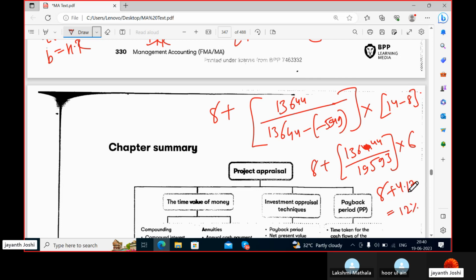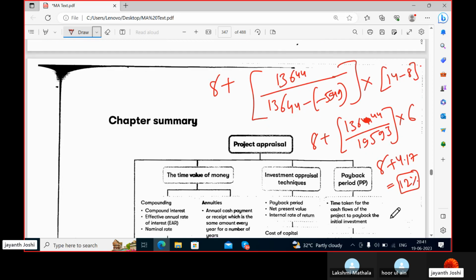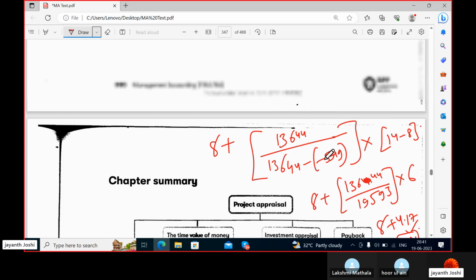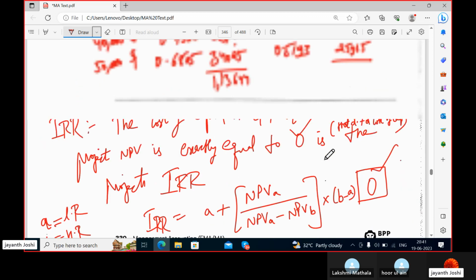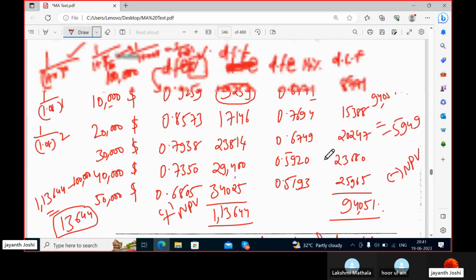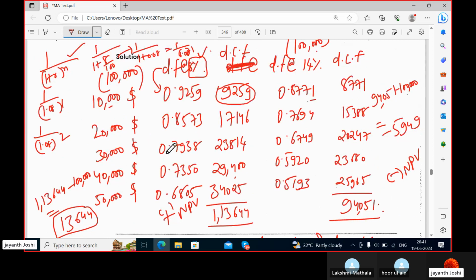So this is the rate or discount factor, which is nothing but your IRR. And at this discount factor, if you find out the NPV of this project or the cash flows, your NPV will be exactly equal to 0. And let's do that proof.